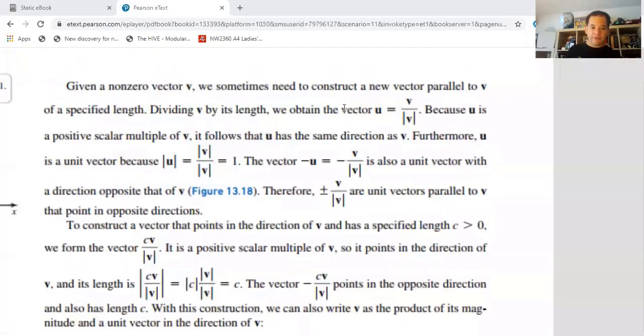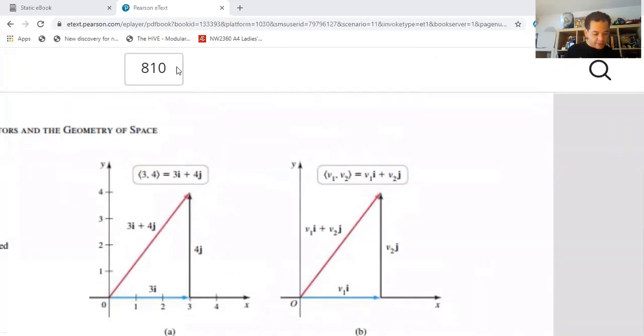Yes, Professor. Could you go over the head minus tail thing again, or where did it come from? Sure, absolutely. So the question is, how is it that to get the position vector, we do the head minus the tail? That's Michael's question. Let me go to the book. The appropriate diagram to explain that is on page 808.